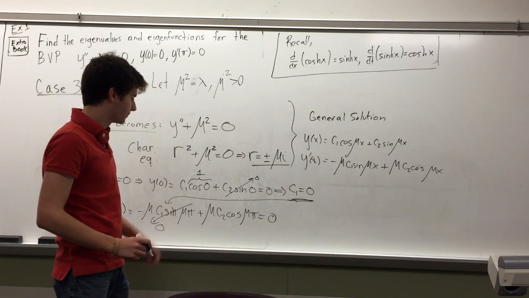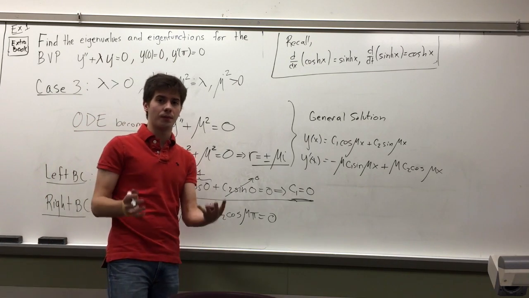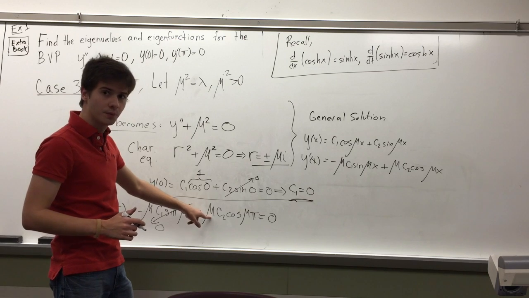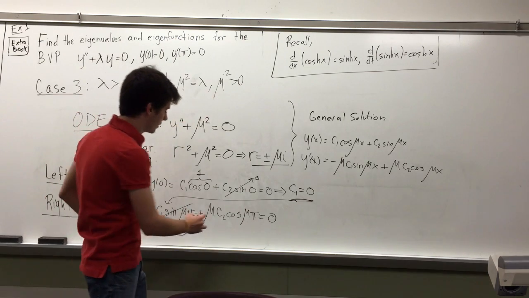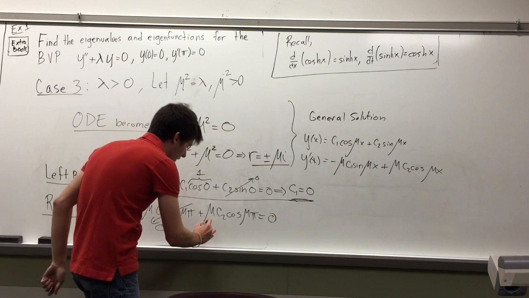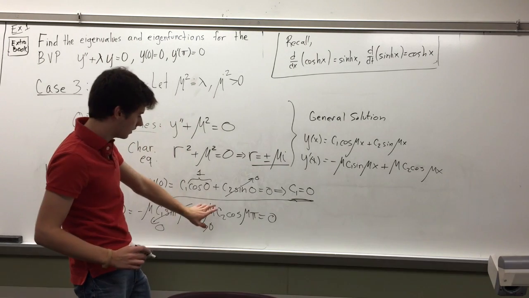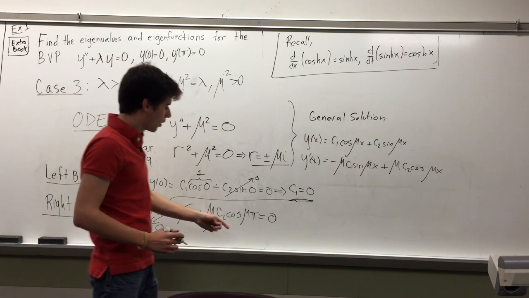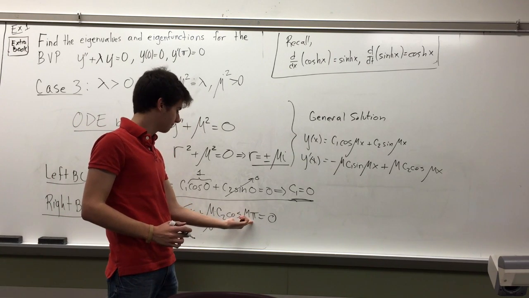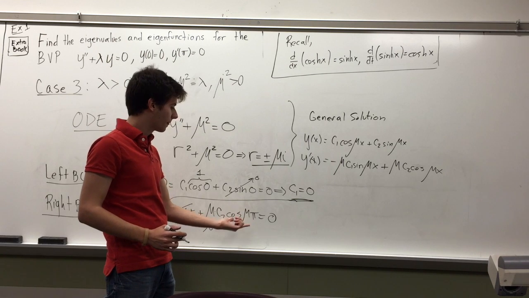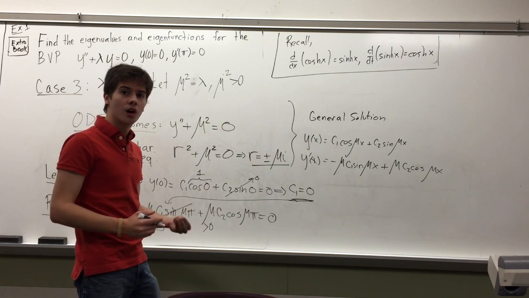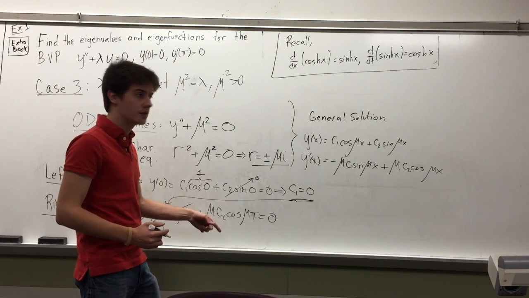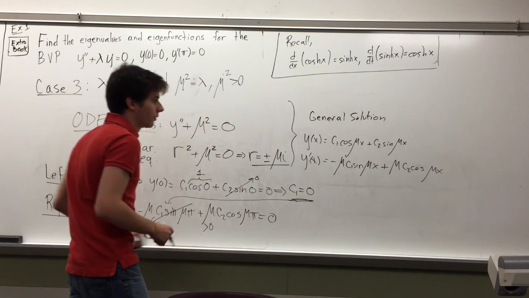And now here comes the fun part. We have to analyze this. Since mu has to be greater than 0, because mu squared is greater than 0, this term right here won't be 0. So mu is always greater than 0. What about cosine of mu pi? Well, if we want non-trivial solutions, we need c2 different than 0. So let me write this down.